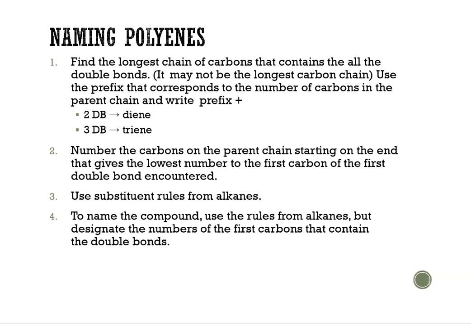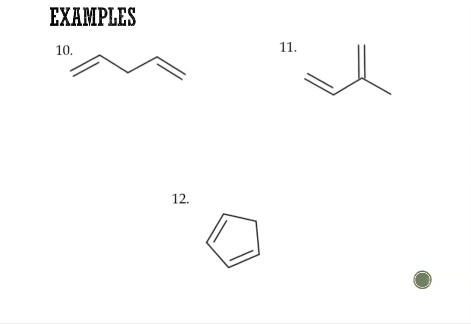Polyenes, this is when you have multiple double bonds in a chain. We're only going to deal with dienes and trienes, so when you just have 2 or 3 double bonds. So we do the same thing that we've always done, and then to name the compound, we just designate what numbers each of them are on, separated by a comma. All right, so let's take a look here.